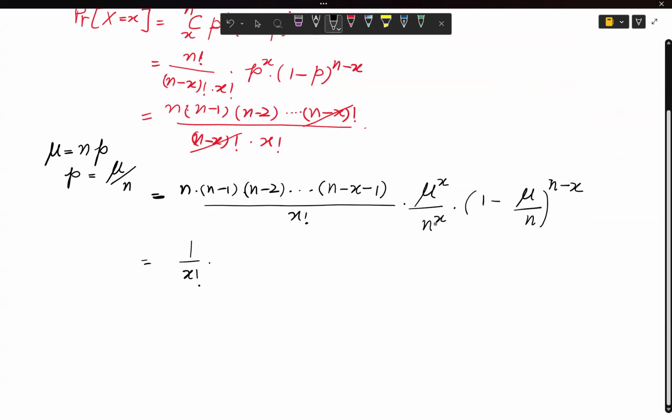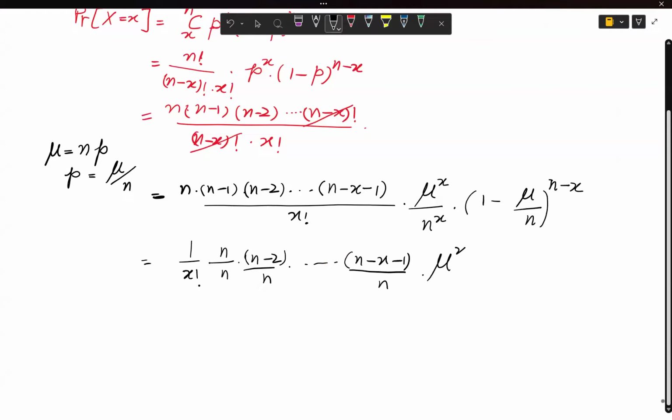By inspection, we can recognize that the number of terms in the numerator over here are x terms. So we can distribute this n over all the n values. So n by n, n minus 1 by n, and so on to n minus x plus 1 over n.